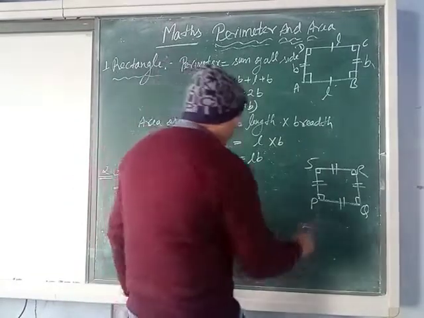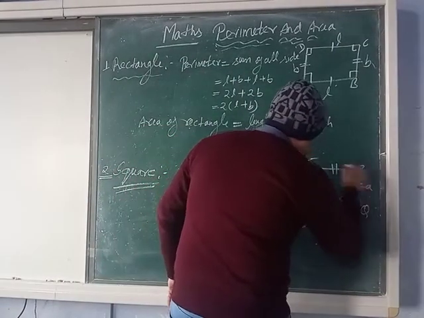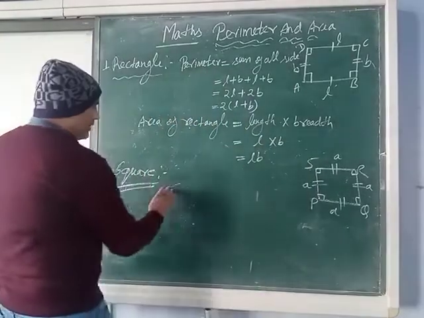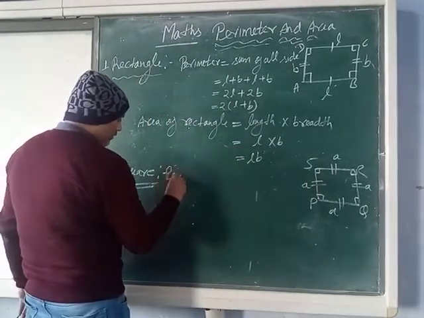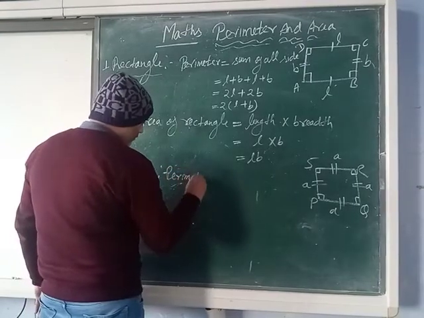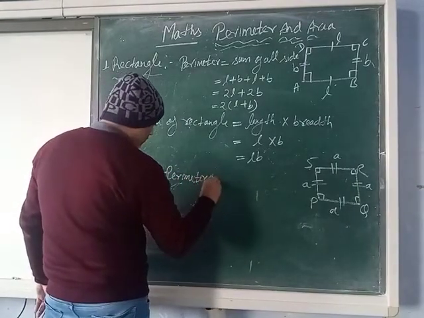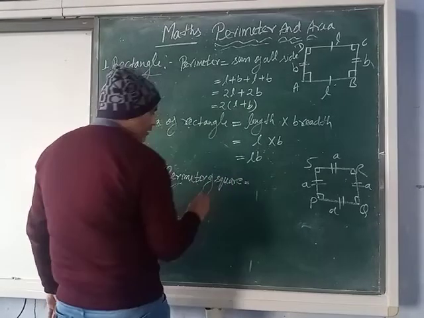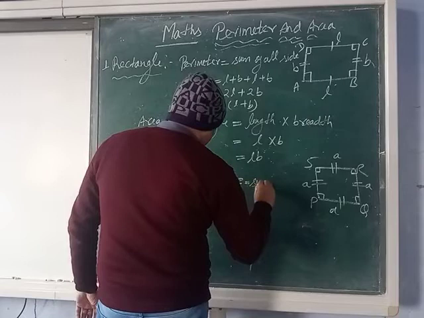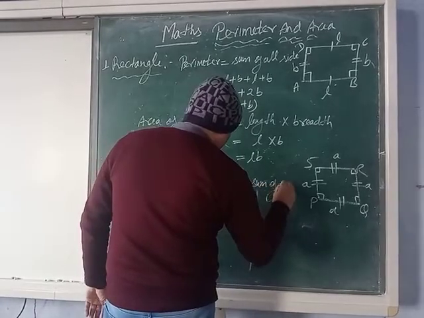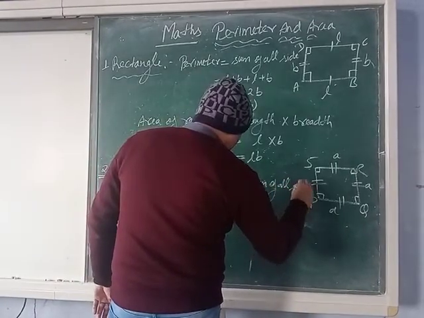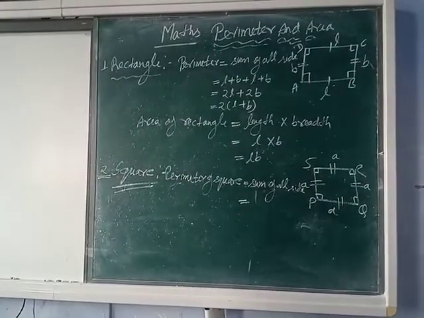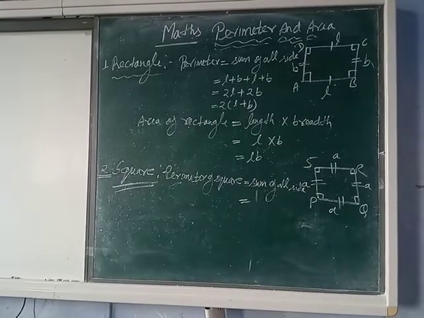Take the sides as A. So again, what is the perimeter of the square? Sum of all sides, and the sides are A. What are the sides?